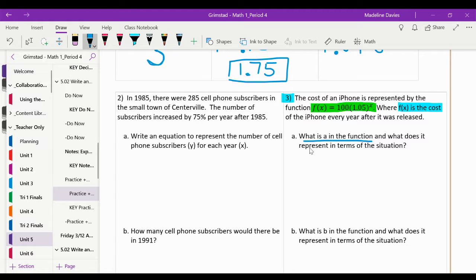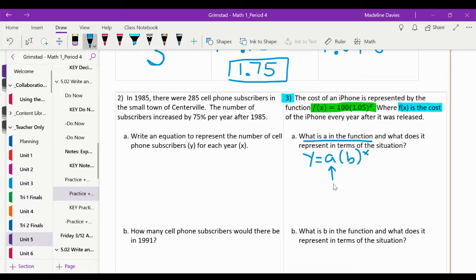Well, I have to remember our original equation, which is y equals a times b to the power of x. So I know that I have this. And now I need to figure out what a is. So what is this guy?